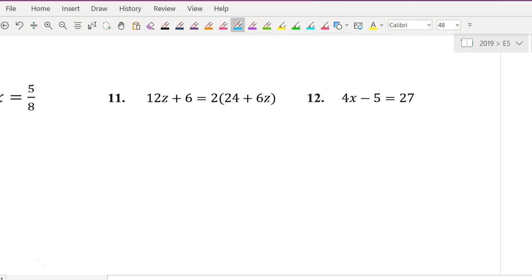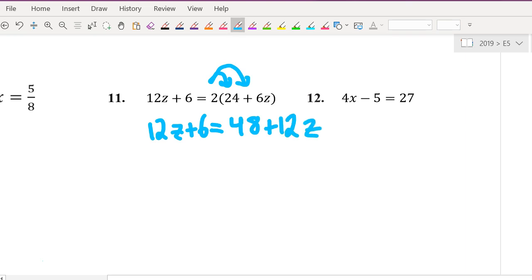Alright. So, we have to do 12z. Okay, but how do we get that? What's our first step, though? We have to distribute, which is 48 plus positive 12z.